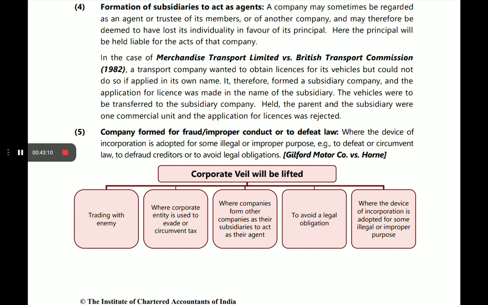Gilford Motor Co. versus Horne. Corporate veil will be lifted: trading with enemy; where corporate entity is used to evade or circumvent tax; where companies form other companies as their subsidiaries to act as their agent to avoid a legal obligation; where the device of incorporation is adopted for some illegal or improper purpose.